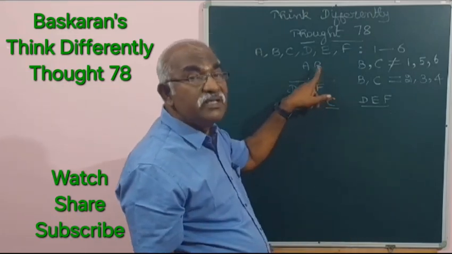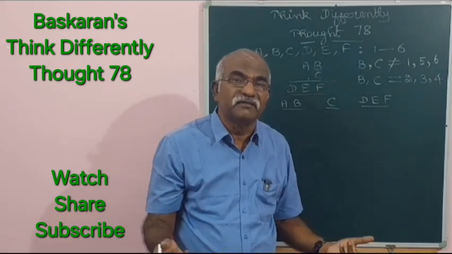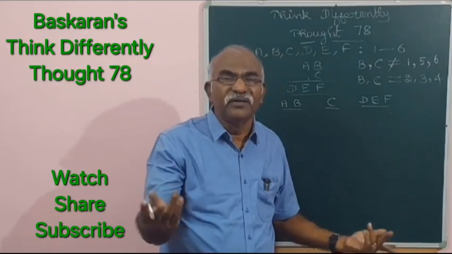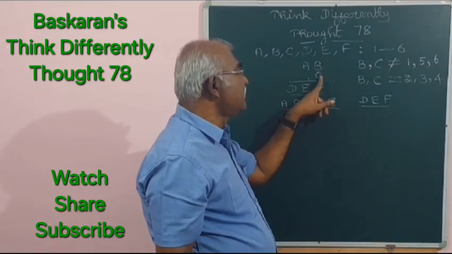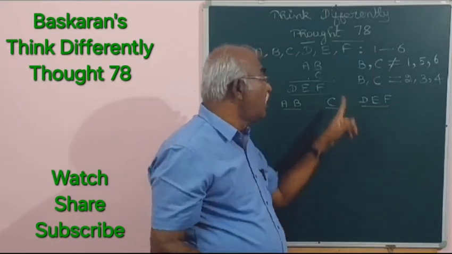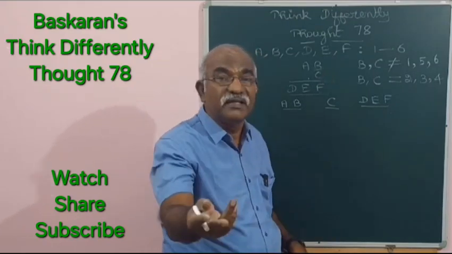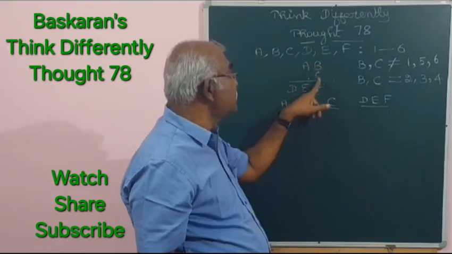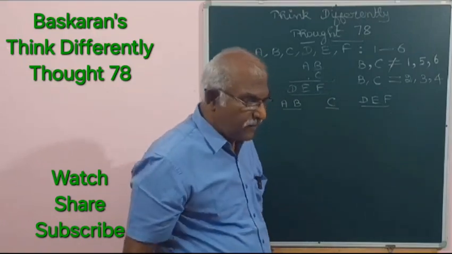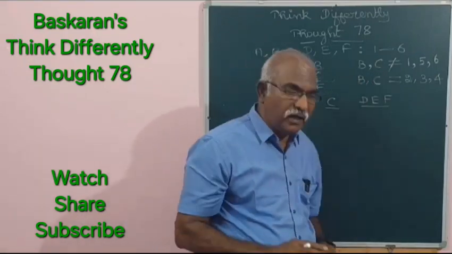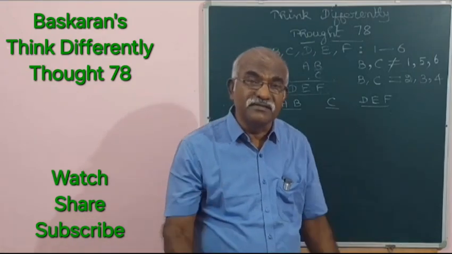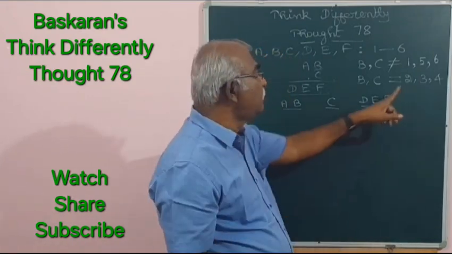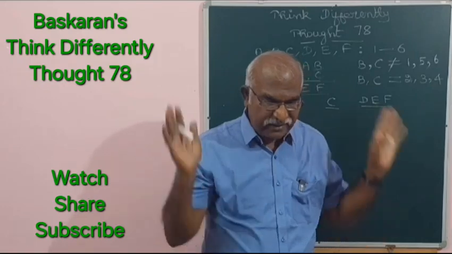And if you have C is equal to 4, 4 into 6 will be 24, 4 will repeat. So, B and C cannot be 6 also. Of course, C cannot be 5 and C cannot be 6 also, because when B is 6, C cannot be 6. So, B and C cannot be 1, 5 and 6. B and C can take values from 2, 3, 4 only.